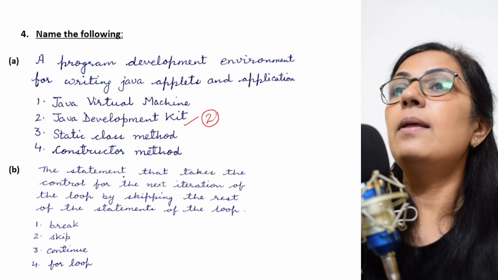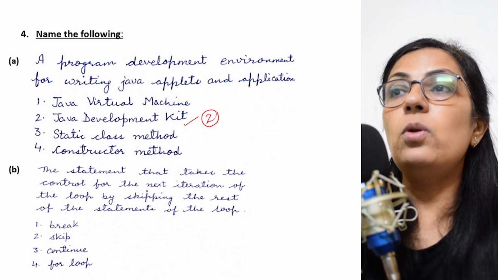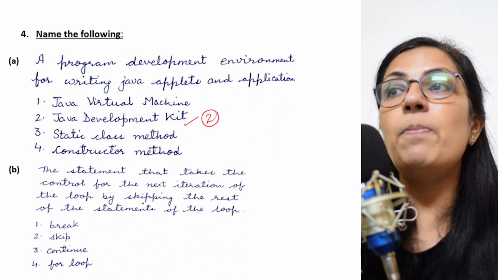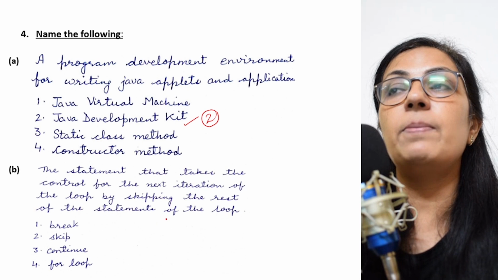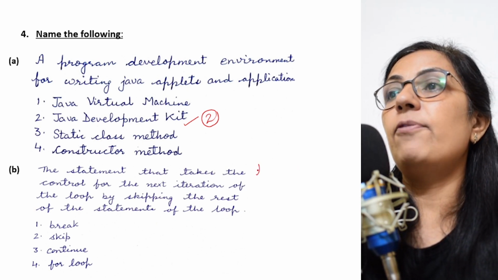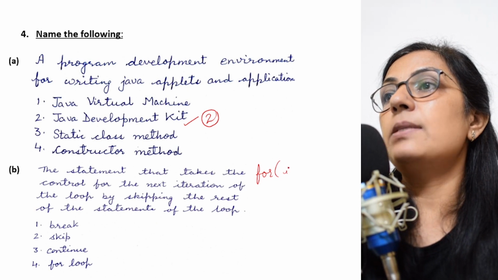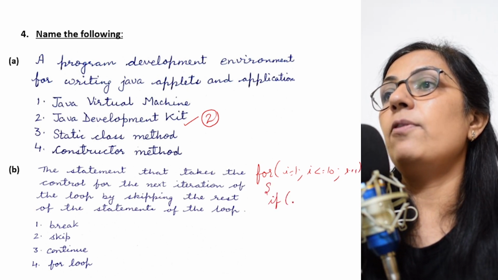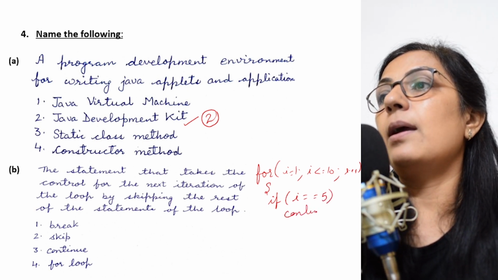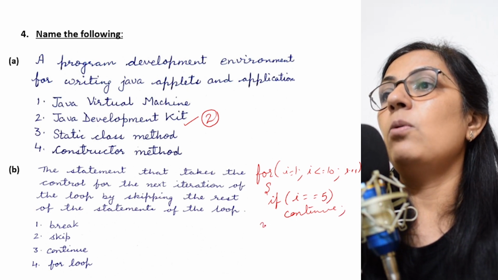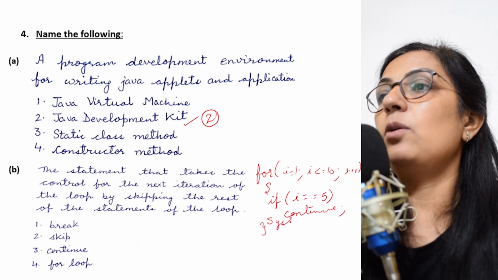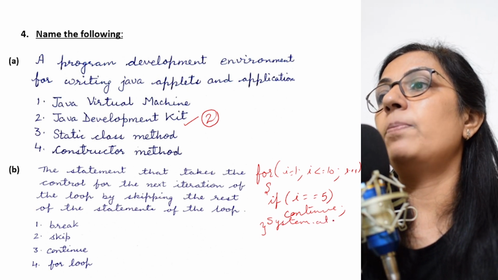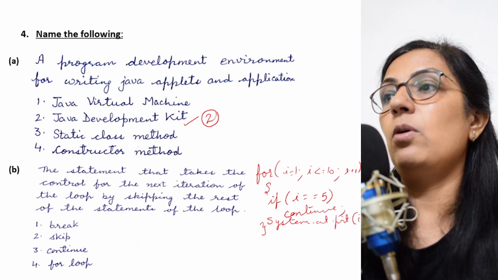The next part: the statement that takes the control for the next iteration of the loop by skipping the rest of the statements of the loop. Suppose here I write a loop, say i equals 1, i less than or equal to 10, i plus plus. And here if I write if i equals 5, then continue. And here you have printed System.out.print the value of i.